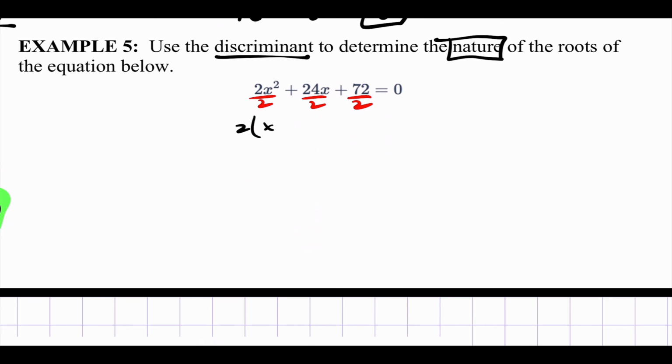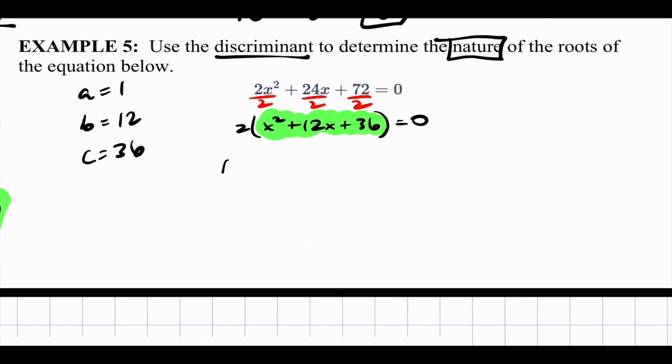So we get x squared plus 12x plus 36. Okay. A is 1, B is 12, C is 36.